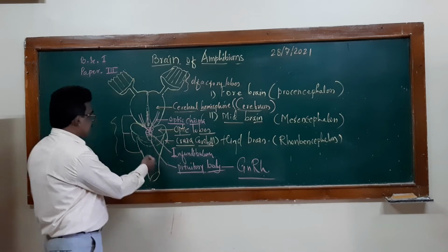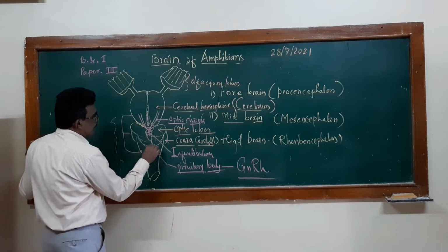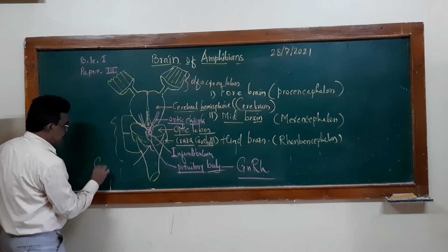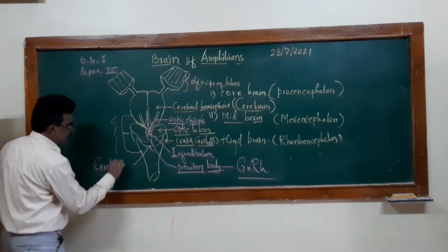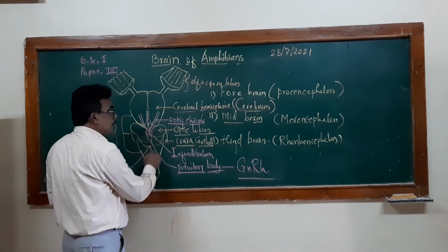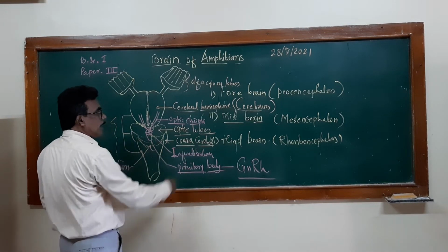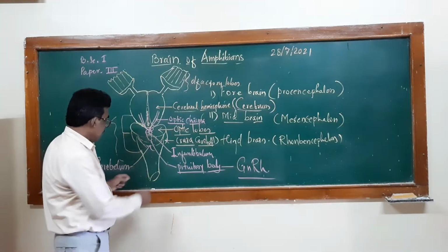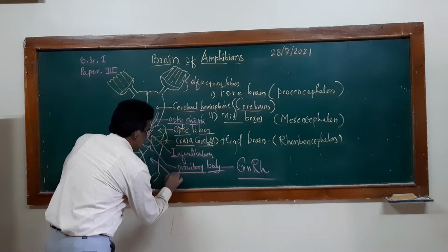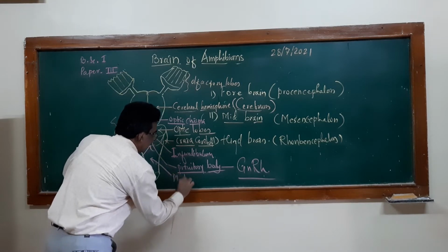And last, here you can say is the cerebellum. The cerebellum is the hindmost part of the brain, or you can say the hindbrain parts. Then you can say the medulla oblongata.